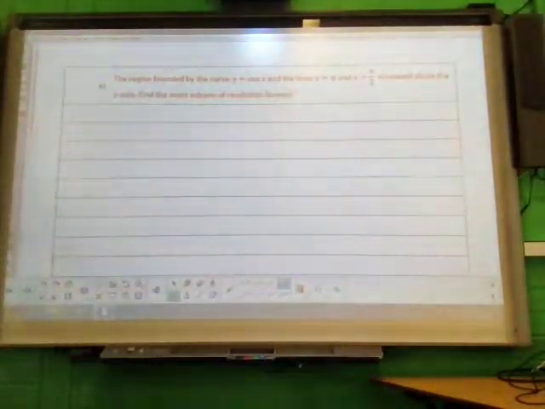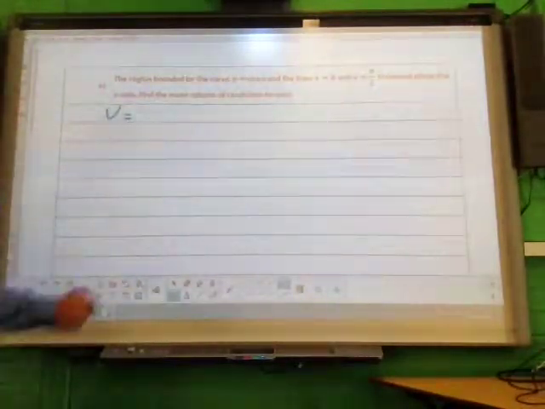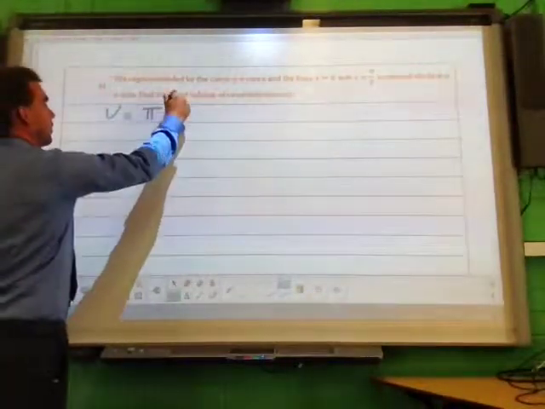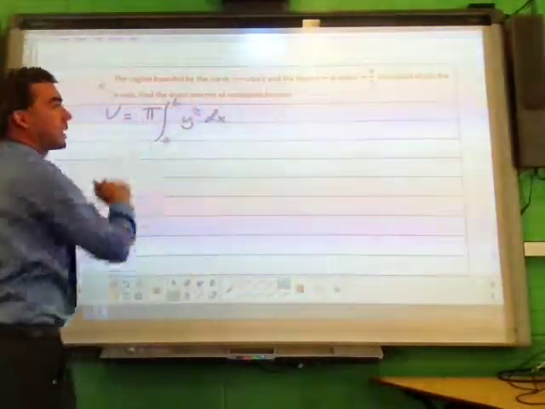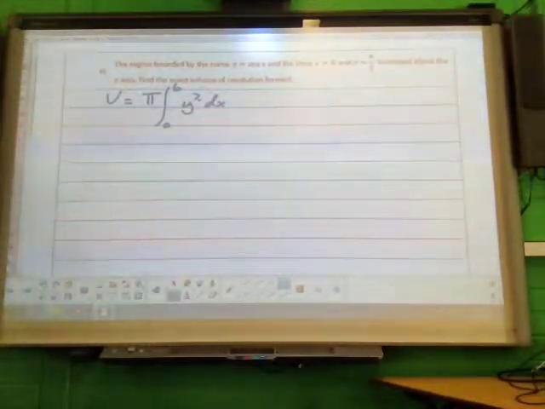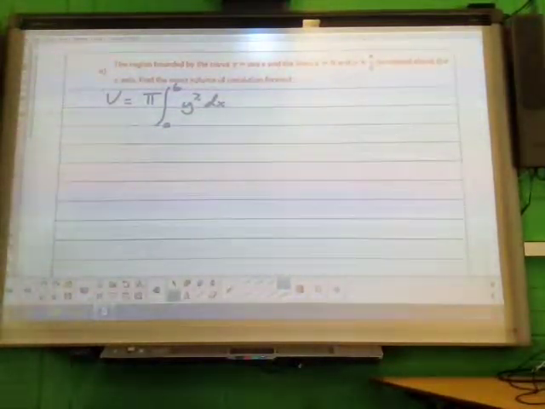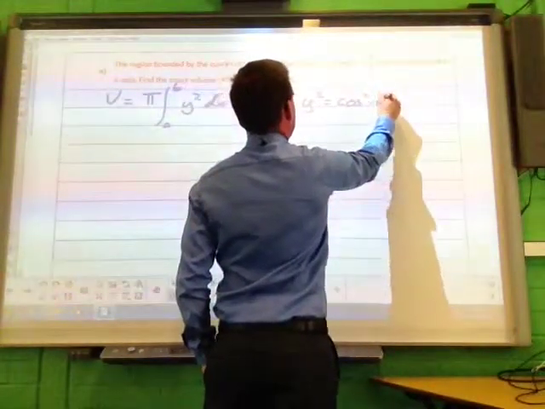So what was the formula for volume? Good. Okay, so we've rotated about the x-axis, we need y squared the subject. So we've got y is cos of x, so y squared is going to be cos squared of x.